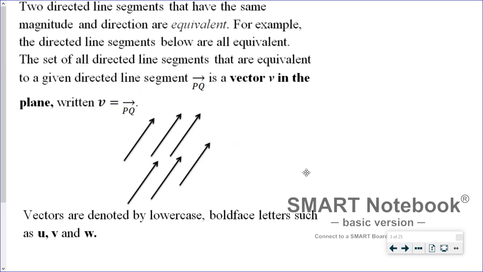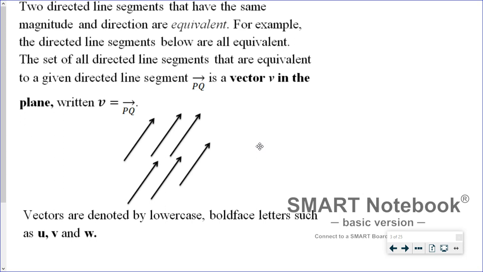Two directed line segments that have the same magnitude and direction are equivalent. For example, the directed line segments below are all equivalent. They all are the same length and they're all going the exact same direction. So it doesn't matter that they're not in the exact same space. The only thing that matters is direction and length.